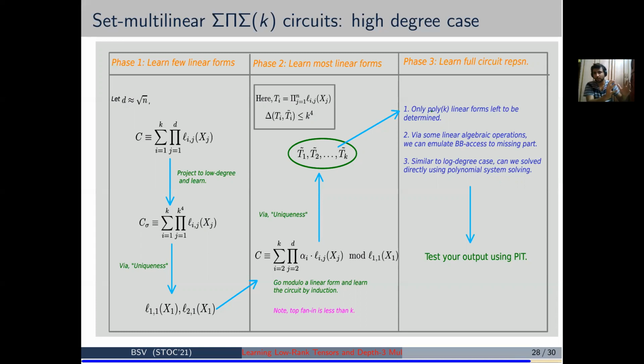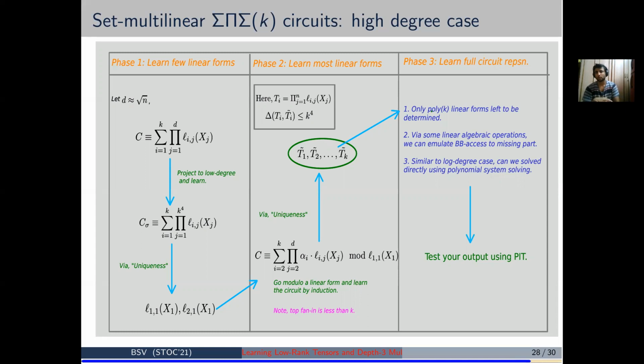Now, this is the end of phase one. You used your general circuit and projected it down to get just two linear forms. It turns out just a little bit of information is really helpful now. You can use this L1 and L2 to go modulo that. If you go modulo that in the original polynomial, you can see that the optimal representation, the top fan-in, will reduce from k to at least k minus 1.